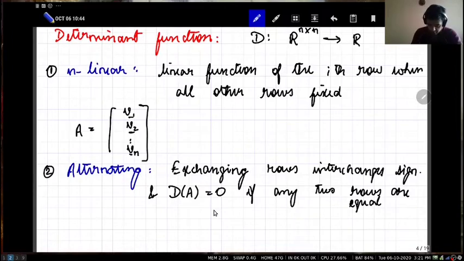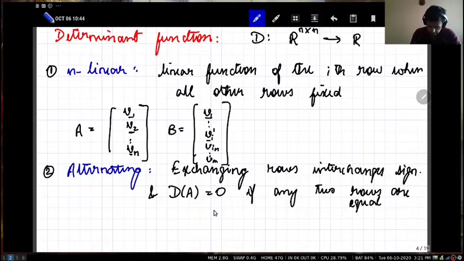And let's suppose that we have another matrix B, which is basically the same as A. So all the rows of B are the same as A except for the ith row, which is not vi but some vi prime, but the other rows are all the same as A. So both of them are n by n matrices, and they are identical except for the ith row.